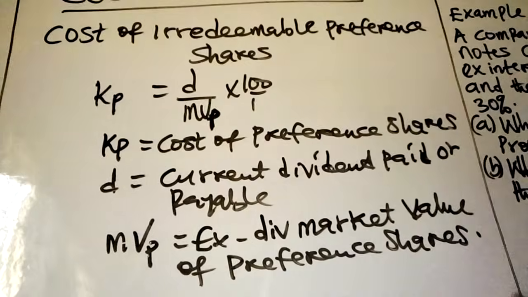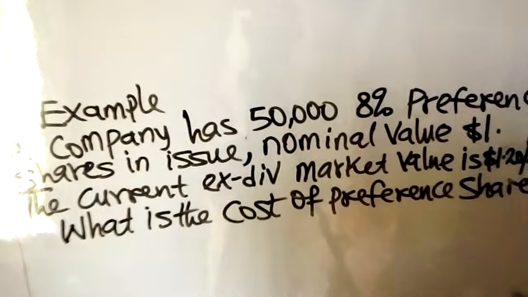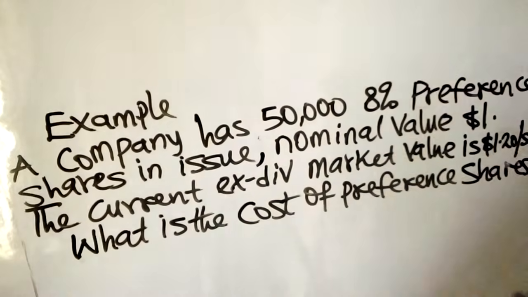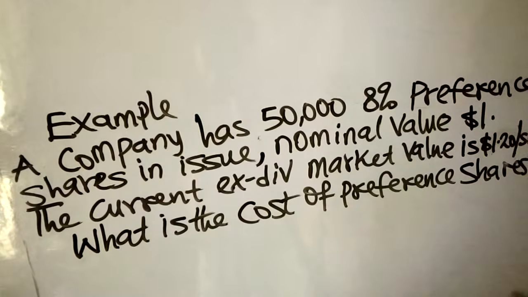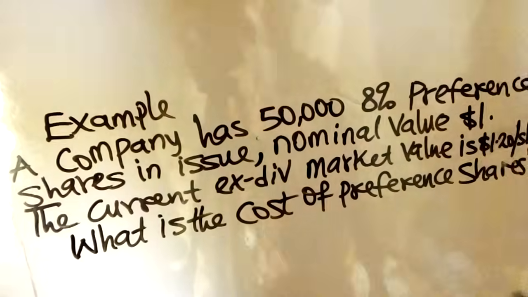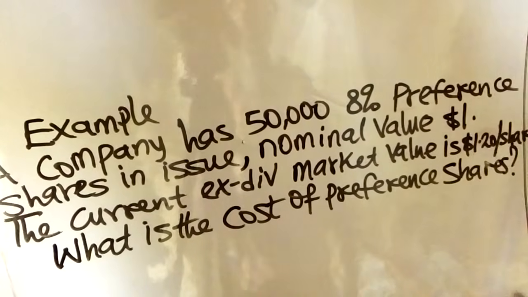We want to take a question as a worked example. A company has 50,000 8% preference shares in issue, nominal value $1. The current ex-div market value is $1.20 per share.